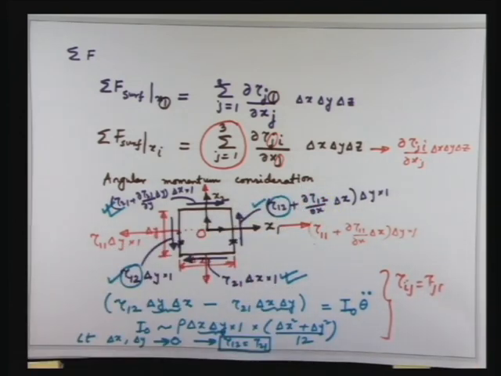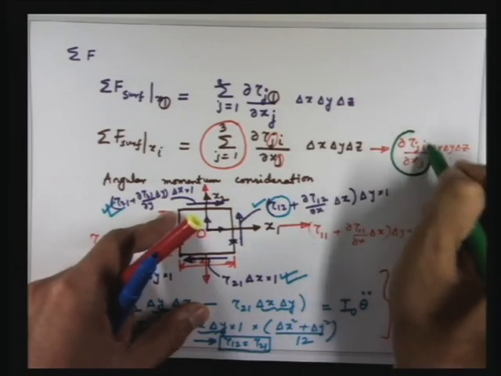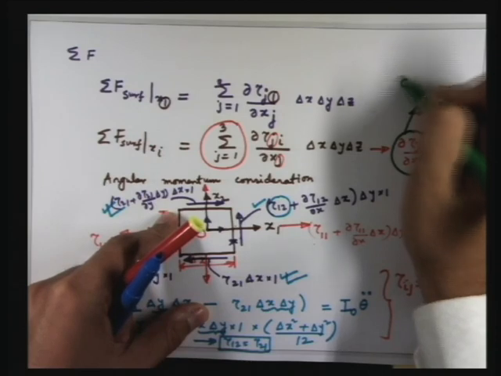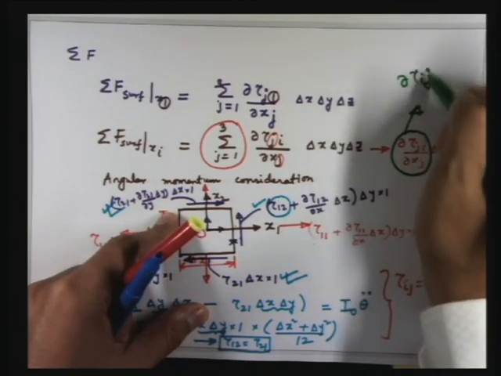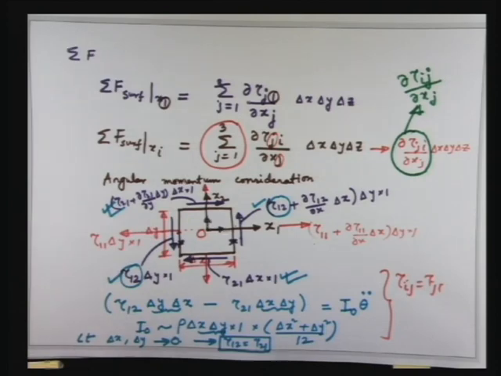Therefore, coming back to our previous expression for force, in place of del tau ji del xj, we can write del tau ij del xj. Okay. So we have identified the surface forces.